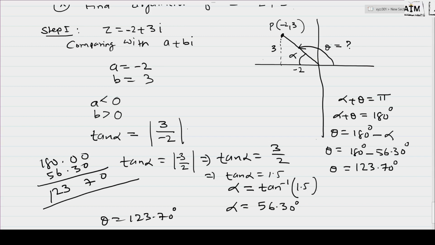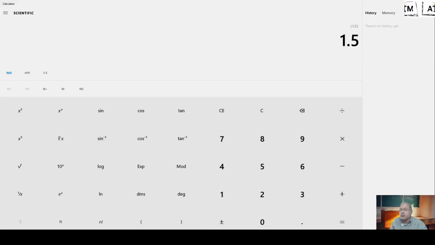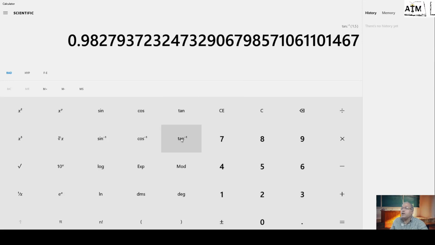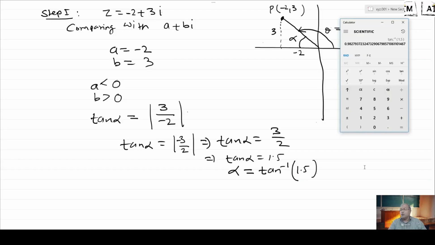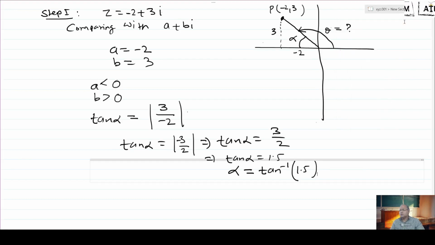123.70 degrees. And suppose we keep the calculator in radian mode, then tan inverse of 1.5 equals 0.98 radians. Therefore, alpha equals 0.98 radians.